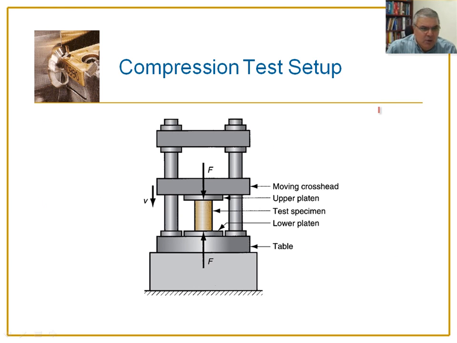The compression test setup is shown as such. Again, the moving crosshead now would actually move downward instead of putting the material in tension like the previous one. In the previous one, it also moved downward, but it didn't cause any kind of compressive forces.